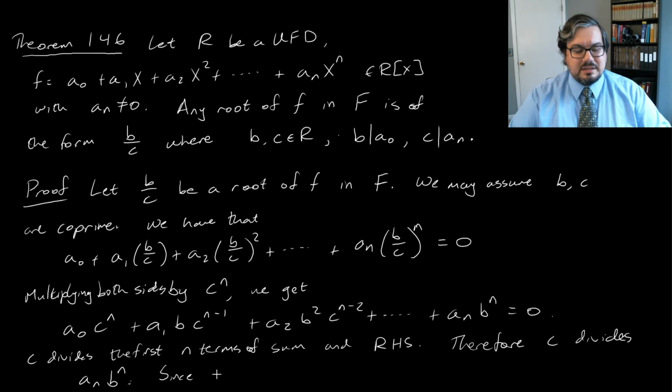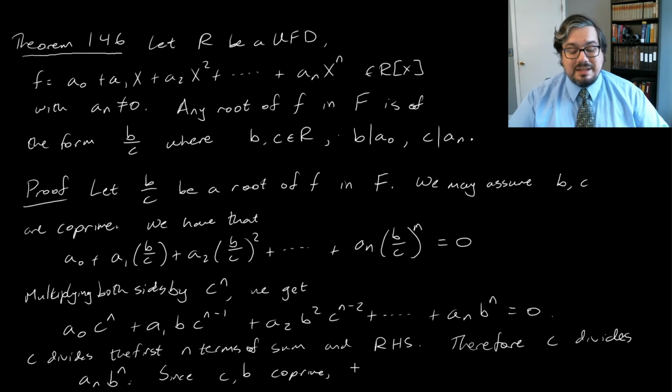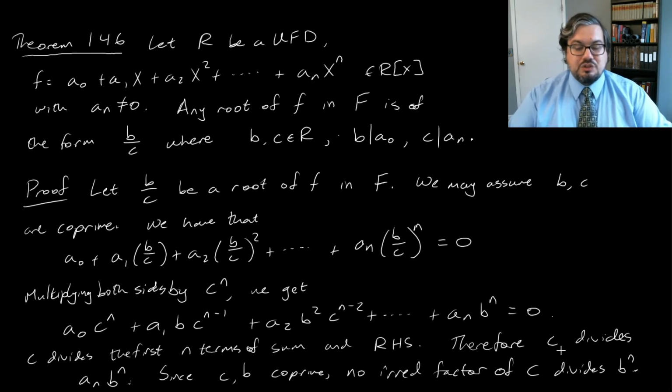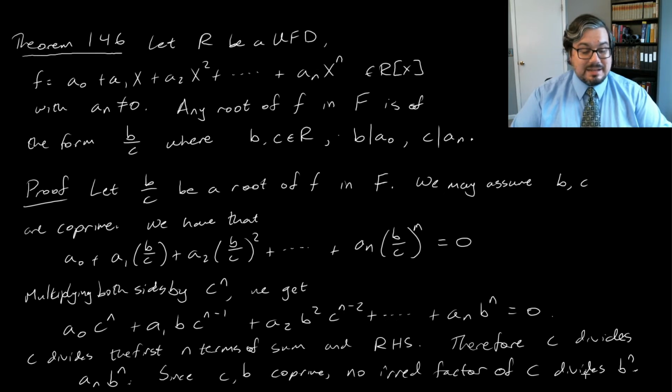Now, since c and b are coprime, c does not divide b. In fact, no irreducible factor of c divides b to the n. So, since c divides an times b to the n, and any irreducible factor of c can't divide b to the n, it must divide an.